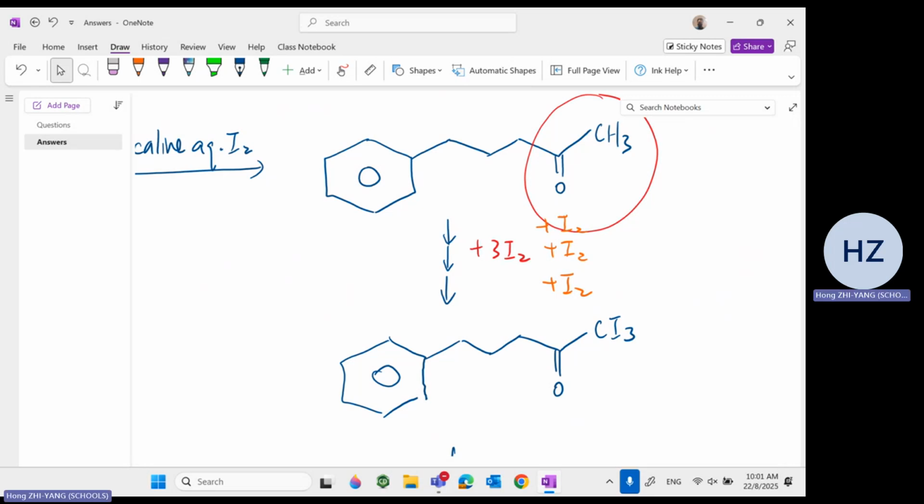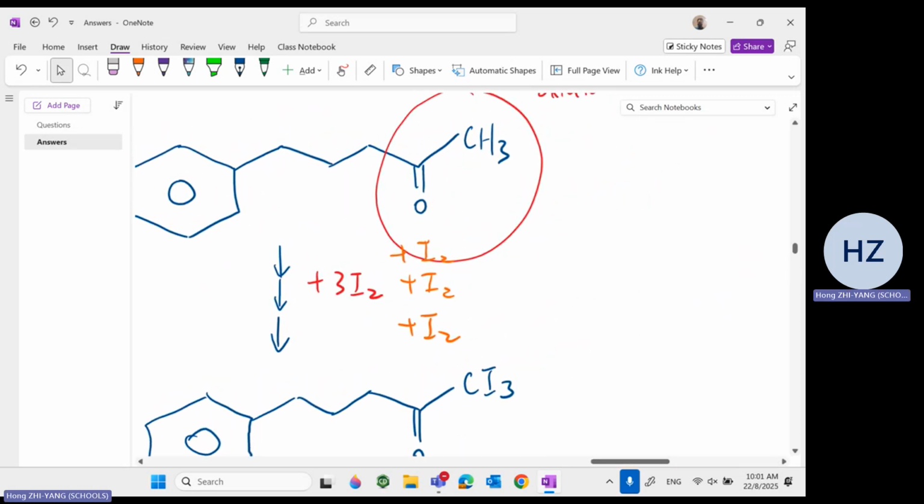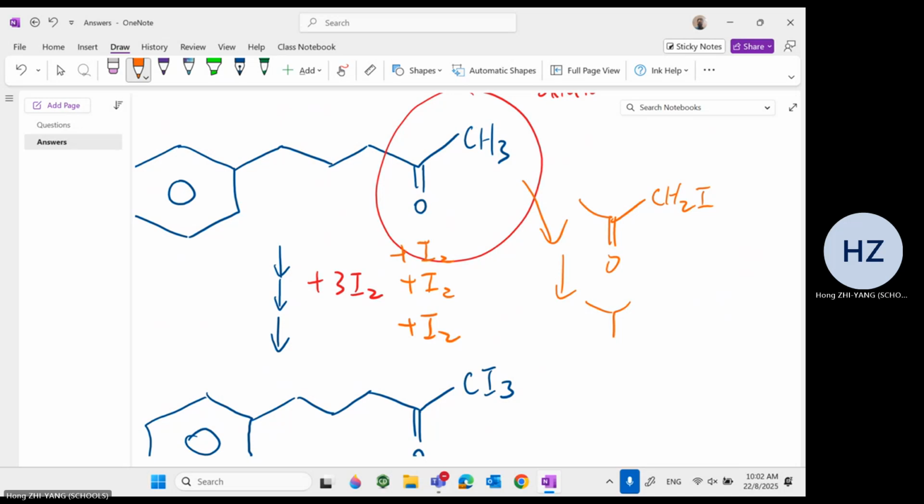So in the middle, from CH3 to CI3, here's what you need to know. It actually changes to this, step by step, until you get your CI3. After this, then you can start to break that part out.